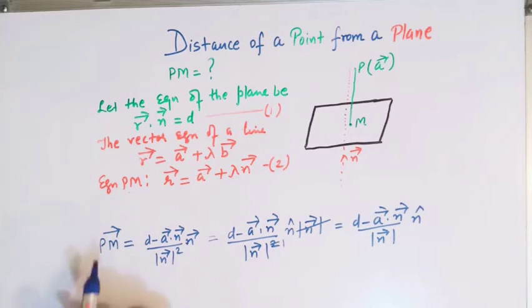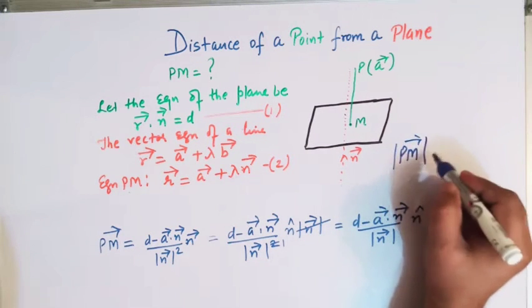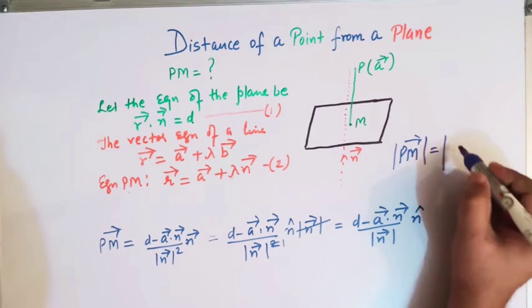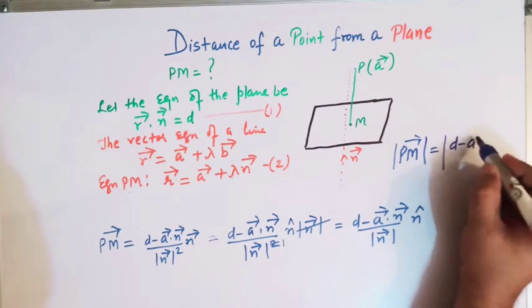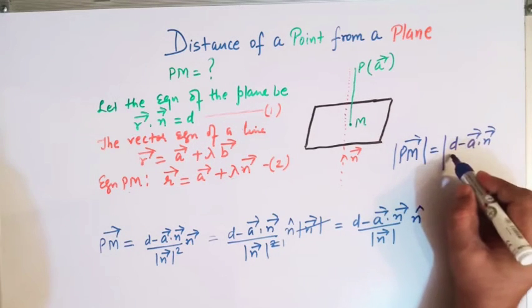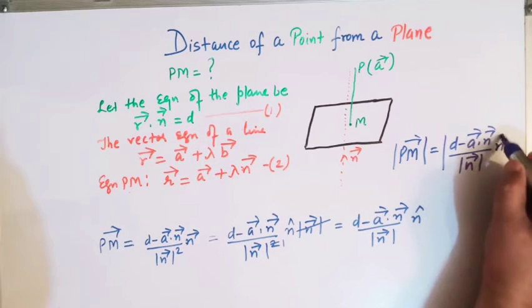So the vector PM can be given by this vector. Now taking the magnitude of both sides, we have the magnitude of PM as the magnitude of d minus vector A dot vector n divided by the magnitude of vector n, times n cap.